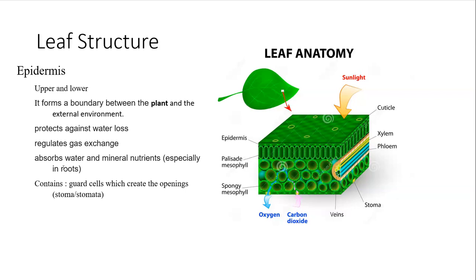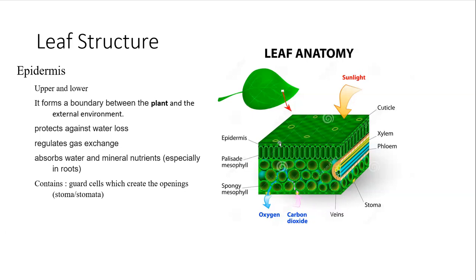Okay, now we will get to the stoma. There's a note here. Within the epidermal layer, generally it's on the bottom of the leaf in the lower epidermis. Sometimes it's in the epidermis itself. Sometimes they occur in other areas of the plant, which is pretty interesting.